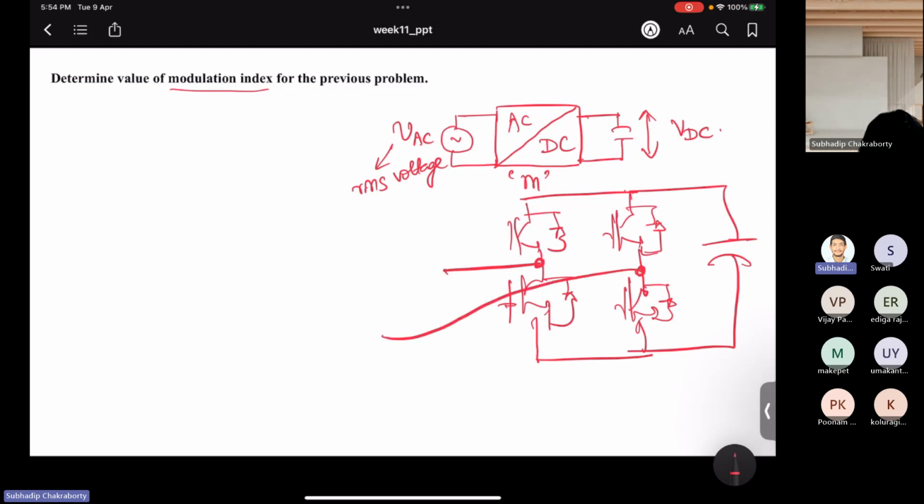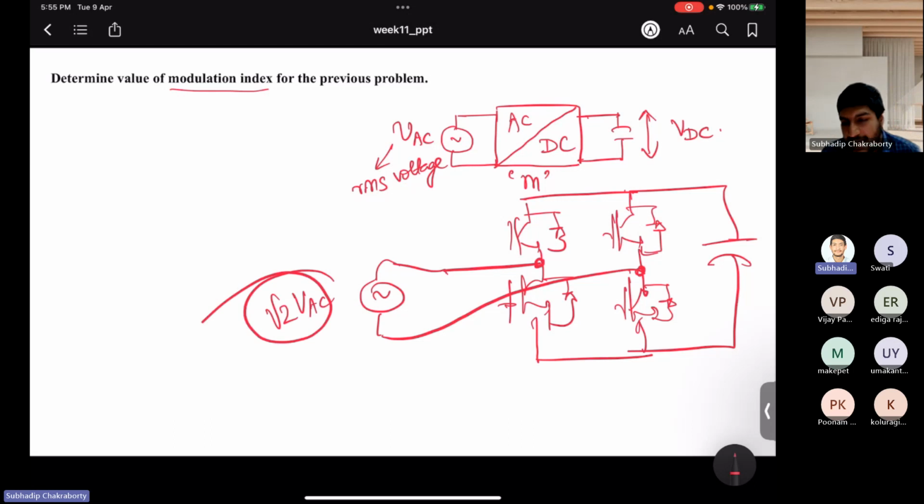These two voltages you tap to form the AC voltage, so these two voltages will form the line voltage. So what is the maximum amplitude of the voltage? This is √2 times VAC, because this is the peak line voltage available with you.